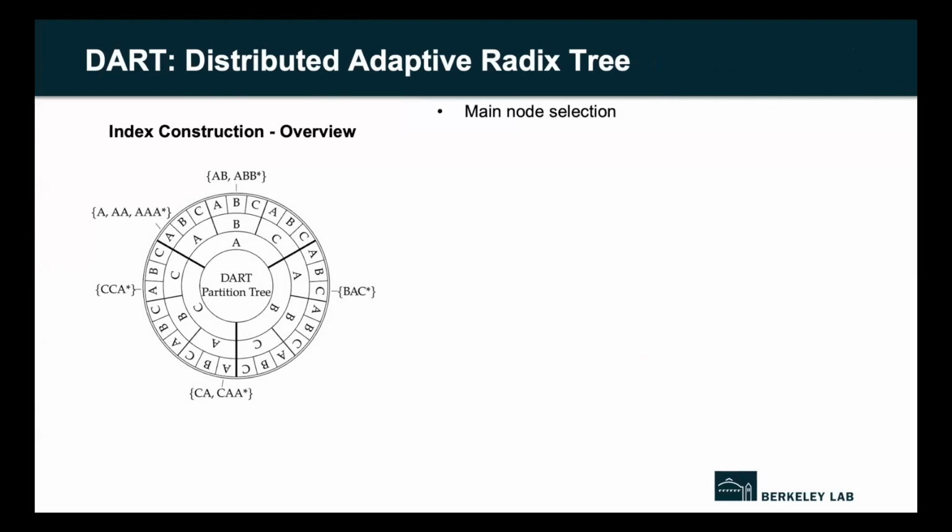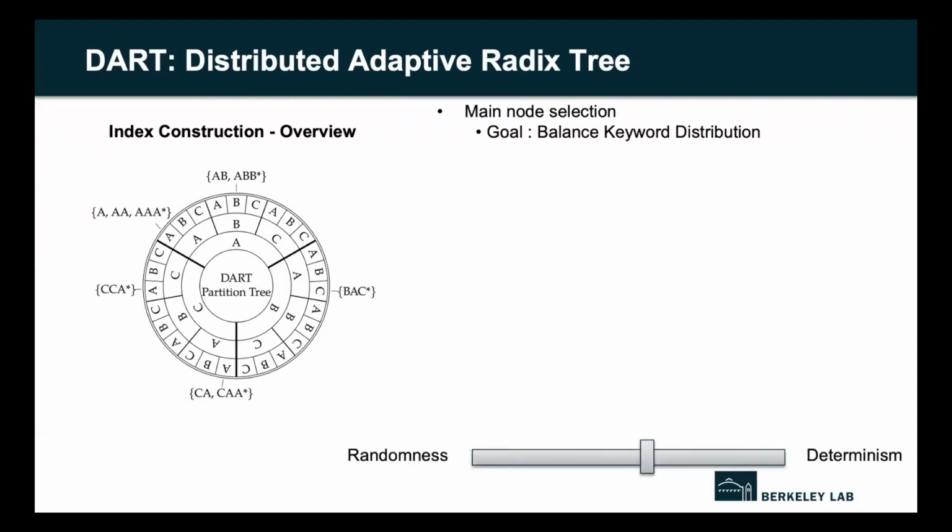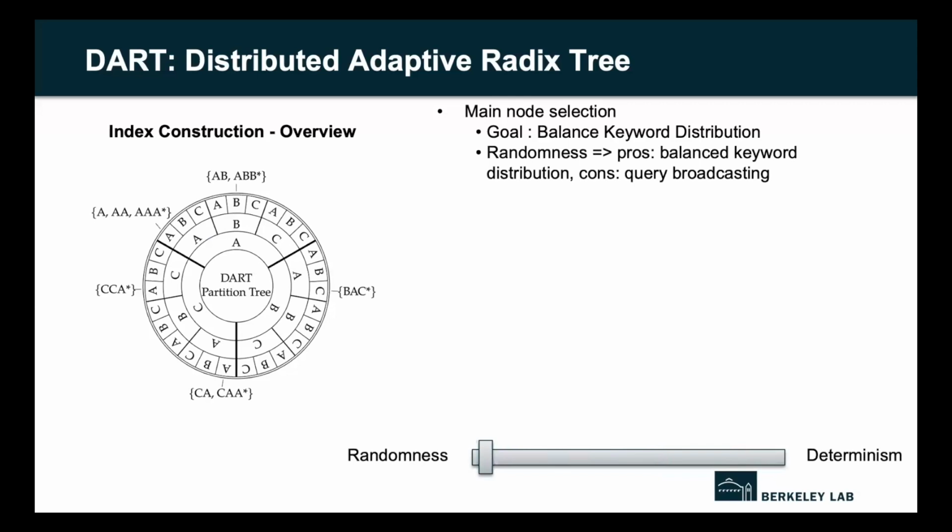When building the index around this distributed adaptive registry, the basic goal is to balance the keyword distribution. We consider randomness: randomness leads to a balanced keyword distribution, however it leads to query broadcasting. We also consider determinism, which brings efficient key lookup, however with it you can have imbalanced keyword distribution.